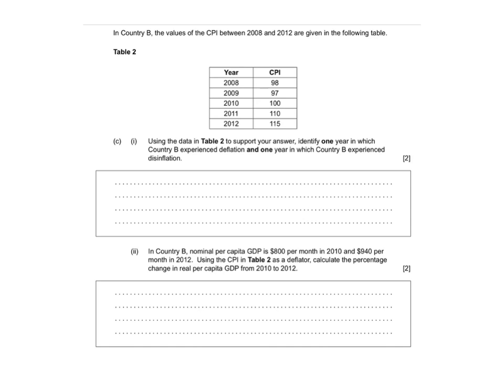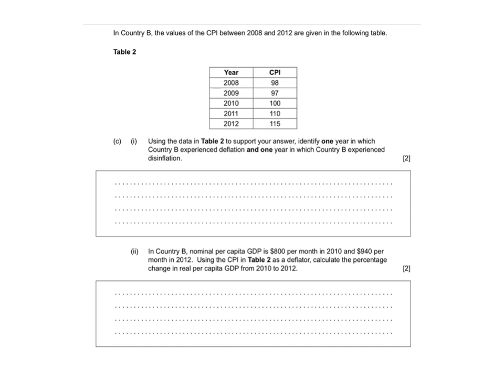So the rate of increase in prices is slowed, and therefore we can say that that country has experienced disinflation between 2011 and 2012. And don't forget with that question, the clause in the first part of the sentence, using the data in Table 2 to support your answer. So you must state the data as well as the fact that deflation occurred 2008 to 9 and disinflation occurred 2011 to 2012.